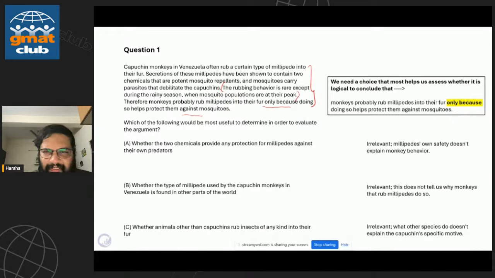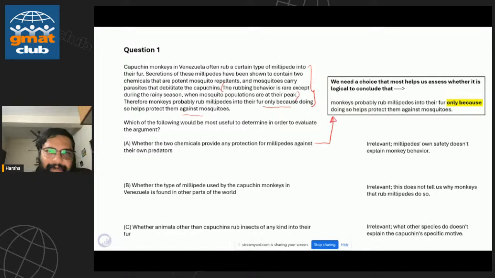So let's run through each of these choices as a first attempt at solving through the entire process. Whether the two chemicals provide any protection for millipedes against their own predators. This, from a mile away, I think most of you should be able to see it's irrelevant. Why? Remember, always tie it back to what you're trying to do.